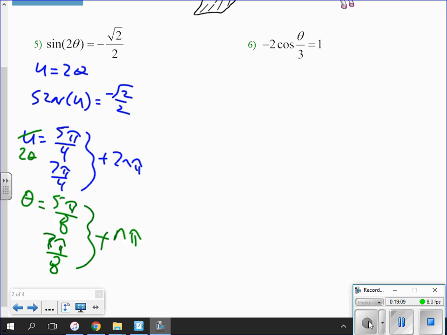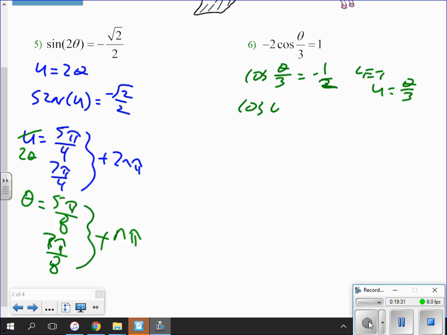Okay, first step. Well, you have choices for your first step. What I would do first is get the cosine of theta over 3 by itself. That's just me. Cosine of theta over 3 equals negative 1/2. And then let U equal theta over 3.